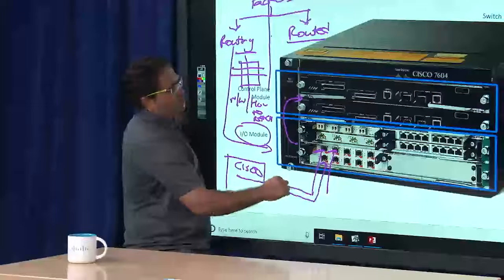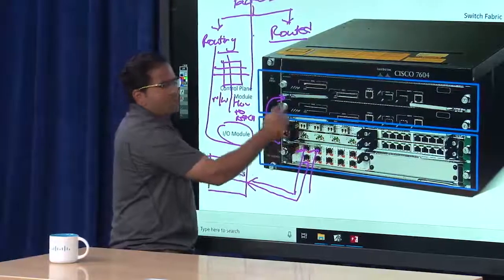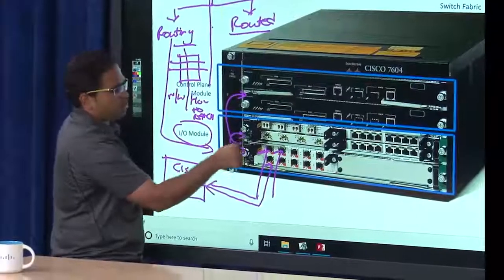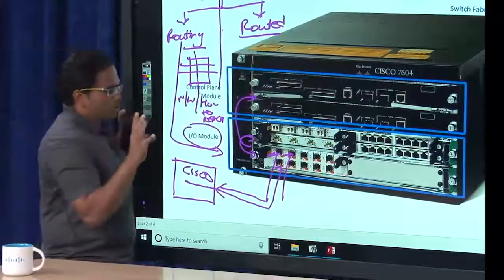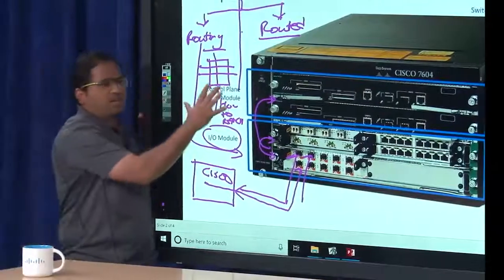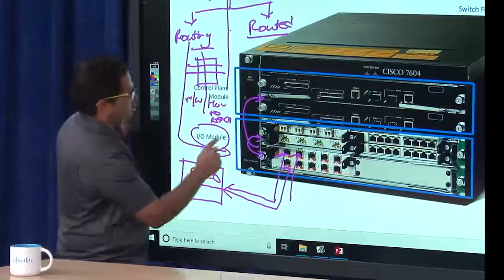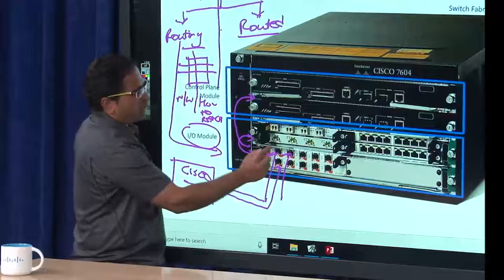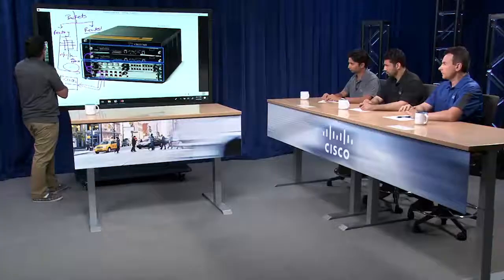Okay, so any communication that's going to happen between any of these components or between the same components is going to go over the switch fabric. So you'd want to actually remember that, because that's what SD-WAN is also going to leverage. So what happens is this routing packet makes it into the I/O over the switch fabric onto the CPU. Hey, Vinay. Yeah.